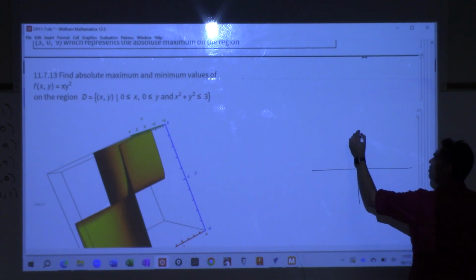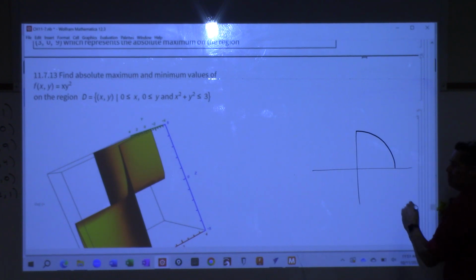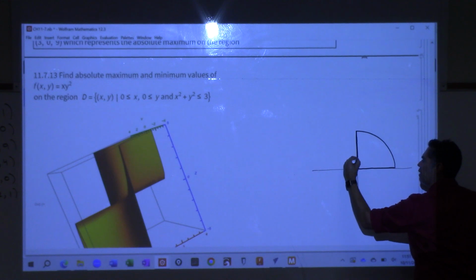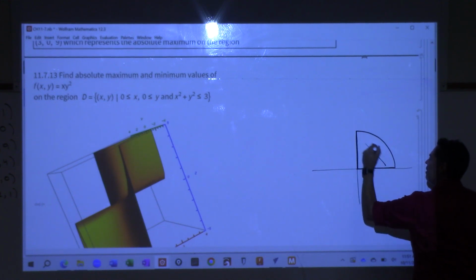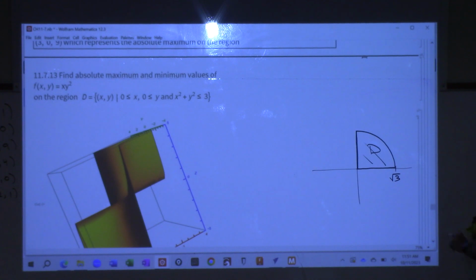So isn't it just the first quadrant of the circle like this, and then this boundary here? Everything in here, this is D. Now, what is the radius? Root 3, good, careful, right? Not 3, but root 3.